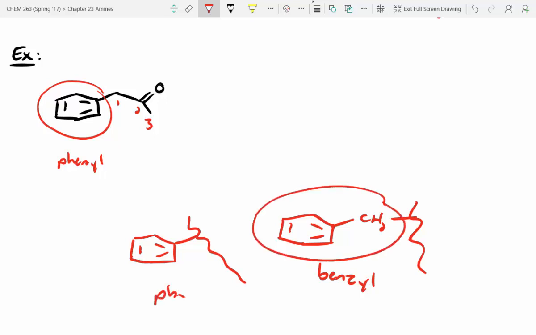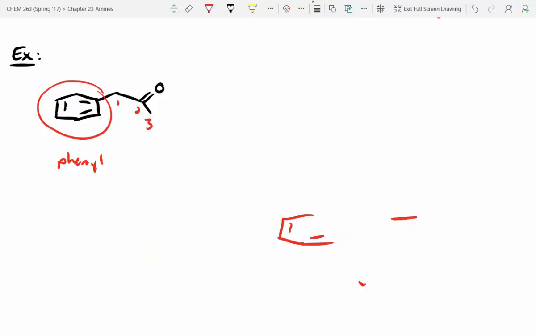This one is just a phenyl. All right, so now let's name our starting material again. What should it be called? Yeah, you could say 1-phenyl, although it's implied. So phenyl 2-propanone.